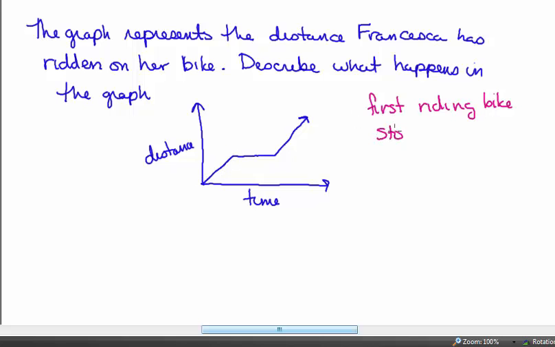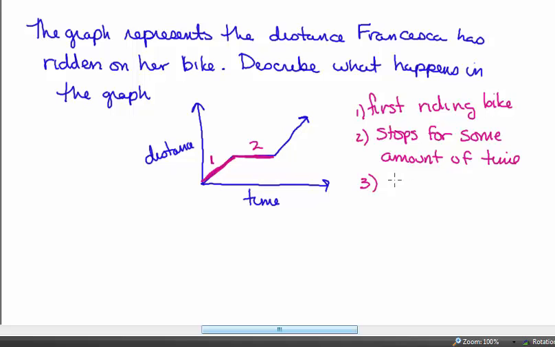Then she stops for some amount of time, and we know this because the distance is not changing. The distance is flat. So first she's riding, then she stops for some amount of time, and then she begins riding again. And that's this portion here, 3.